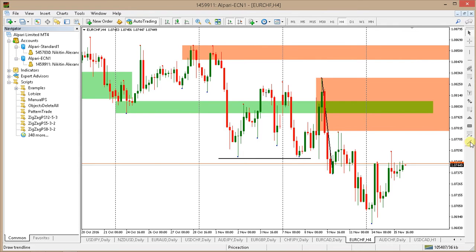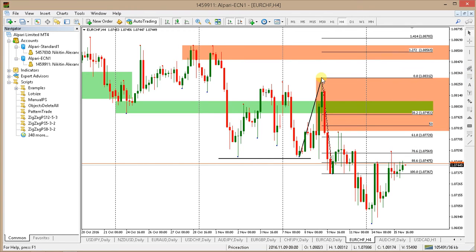The movement before that impulse leg should be at least a 38.2% Fibonacci retracement if you compare it to the leg itself. So if the movement were something like this, even this small movement would be enough.